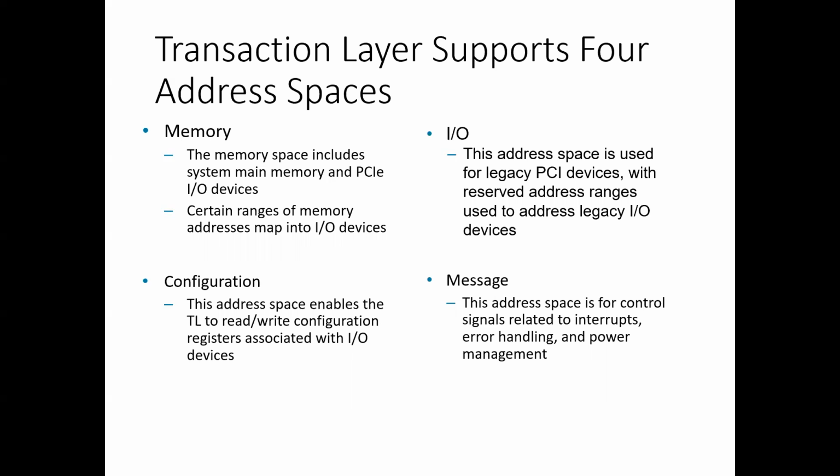It also has a configuration space, which is an address space that enables the transmission layer to read-write configuration registers associated with I/O devices, and the I/O address space is used for legacy PCI devices, with reserved address ranges used to address legacy I/O devices, as I mentioned. And finally, message space, and this address space is for control signals related to our interrupts, error handling, and power management. So next time we're going to start looking at cache memory.